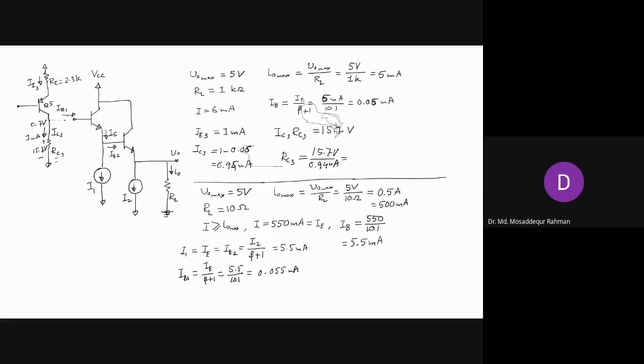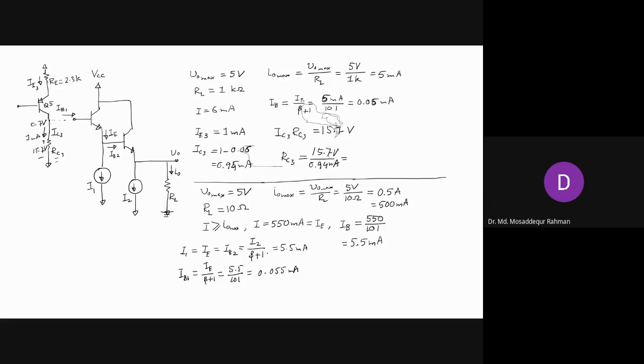So the current here is again around the same value that we had before with the 1 kilo ohm resistance. The maximum current was 5 milliampere. We took 6, okay, and the IB was about 0.06.